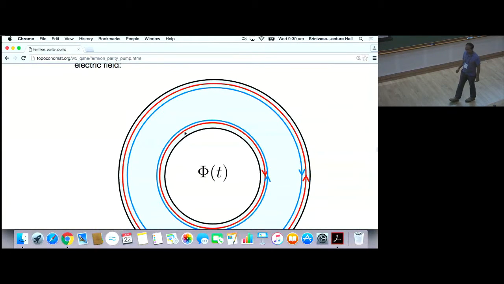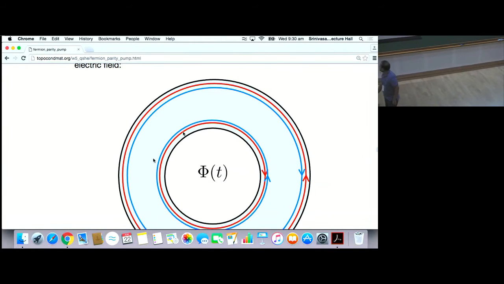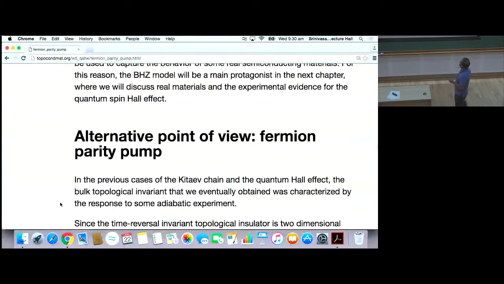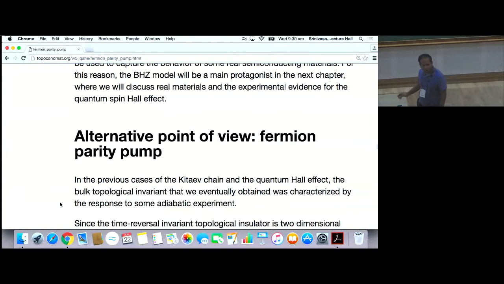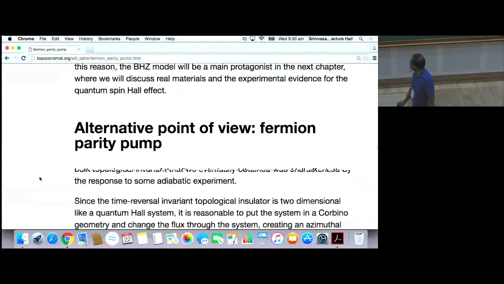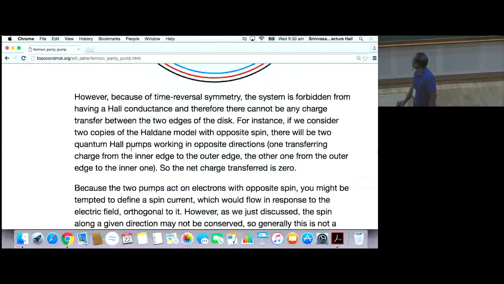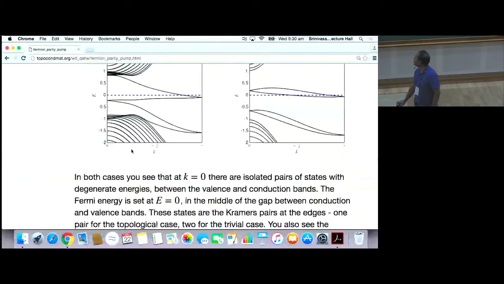Okay, so the next question that we discussed was, what is the analog of the Laughlin pumping argument for this? And the statement that we came to, you can get it from looking at this band structure.